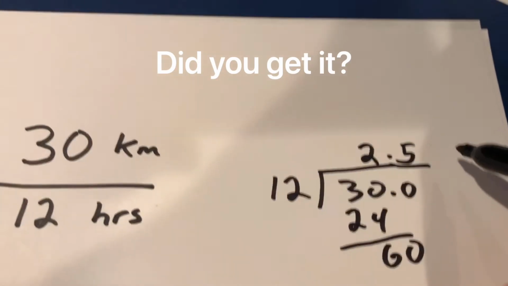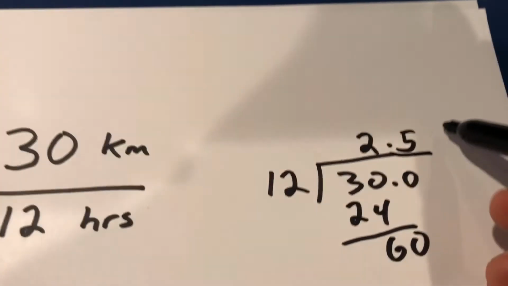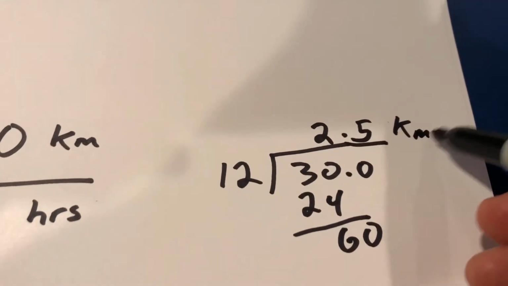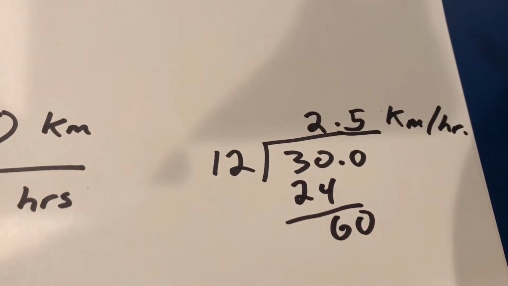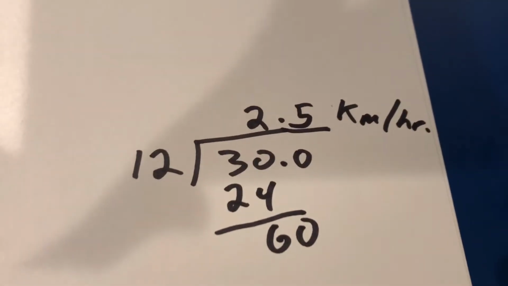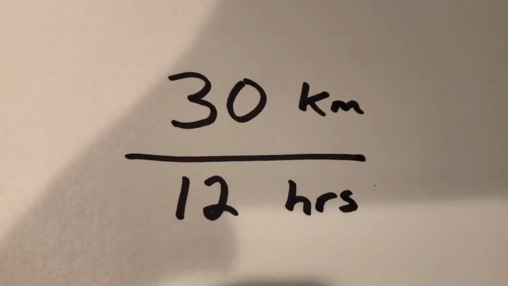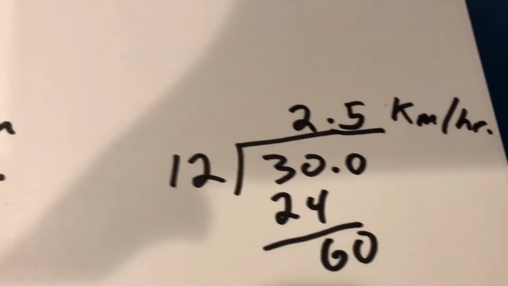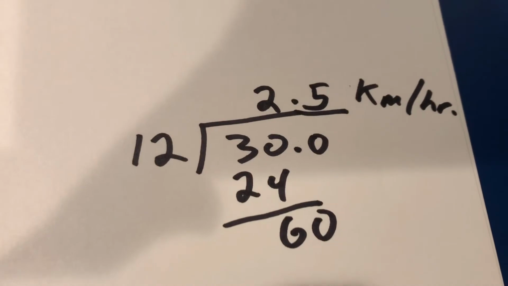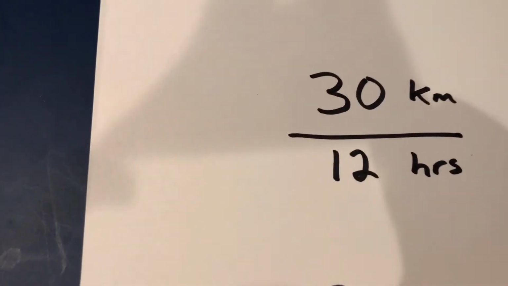2.5, I'm talking kilometers per hour. There it is, 2.5 kilometers per hour. If you travel 30 kilometers in 12 hours, you are walking at a rate of 2.5 kilometers per hour. That's your speed.